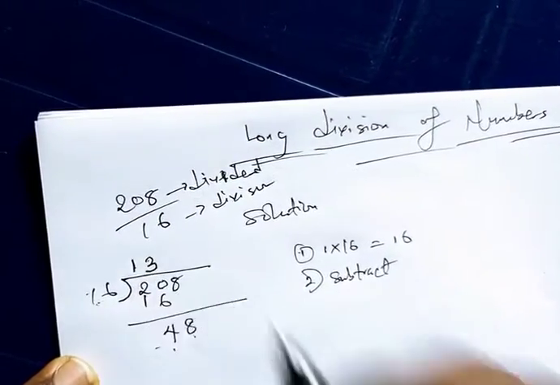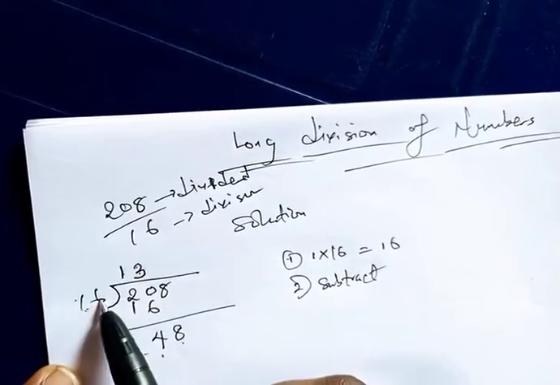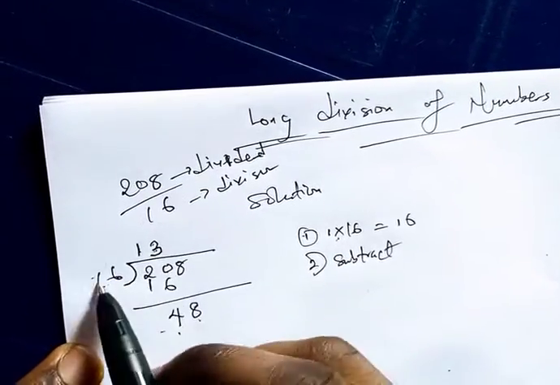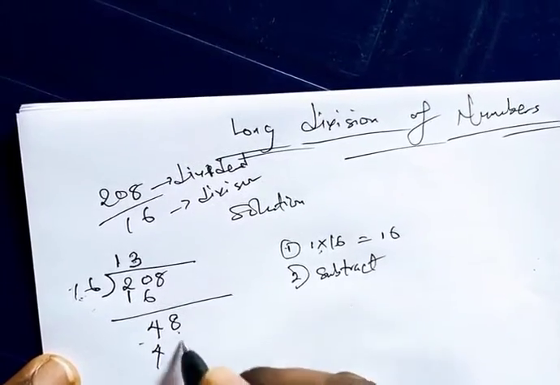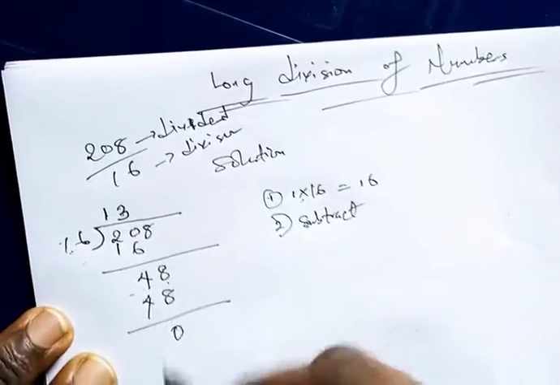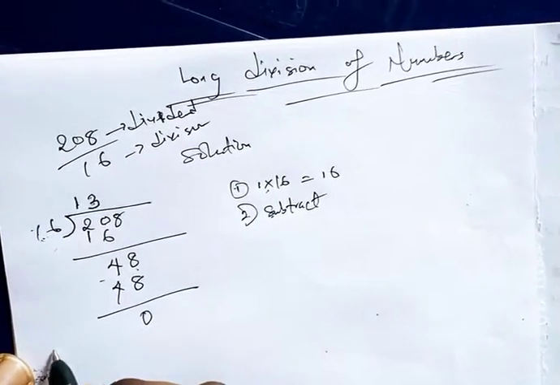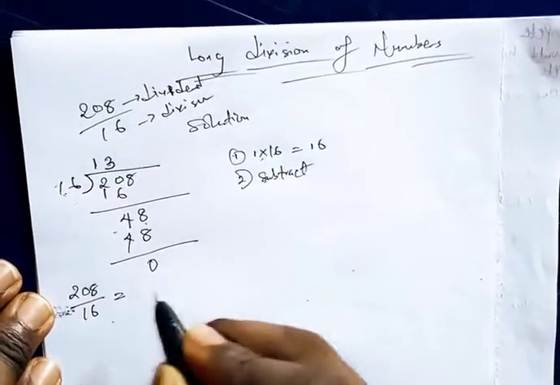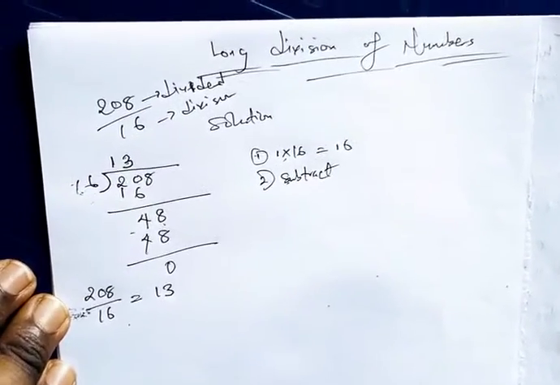So we multiply again: 3 multiplied by 16 will give us 48. Then we subtract and we get 0. So therefore, 208 divided by 16 is equal to 13.